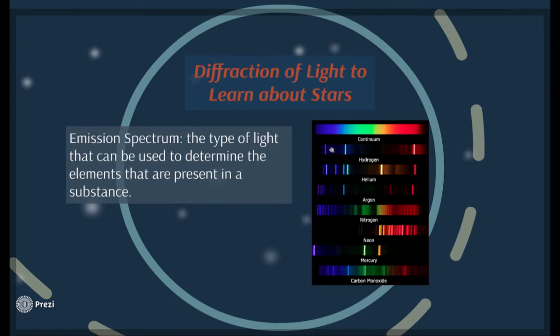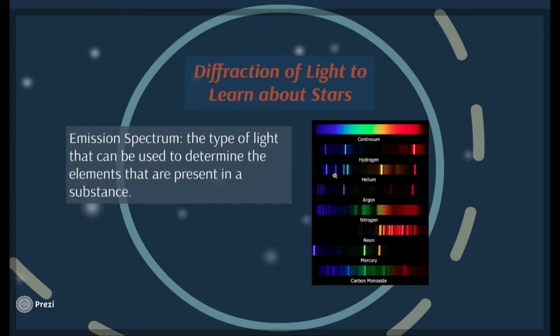And so hydrogen on this emission spectrum, for example, will emit this one band of purple light, this one band of blue light, and a few different bands of red light. So if you see this fingerprint and you look up at the stars through something called a diffraction gradient, which is basically a piece of paper with lots of different holes in it, you can tell what types of elements stars are made out of.